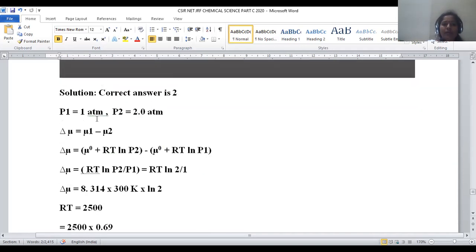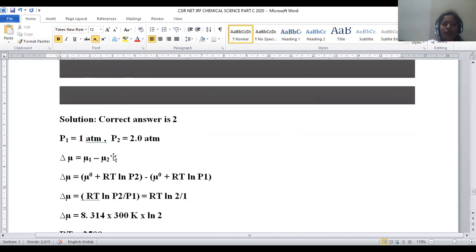Let us discuss mu. Here two pressure conditions are provided. P1 is 1 atmosphere, P2 is 2 atmospheric pressure, right? So mu stands for the chemical potential; delta mu, that means the change, is given as mu2 minus mu1.